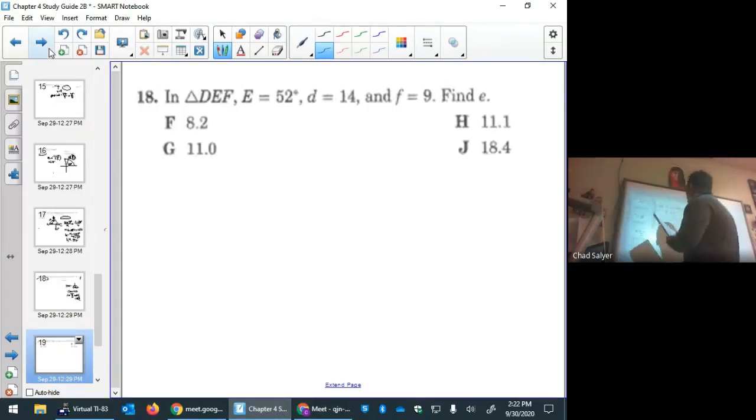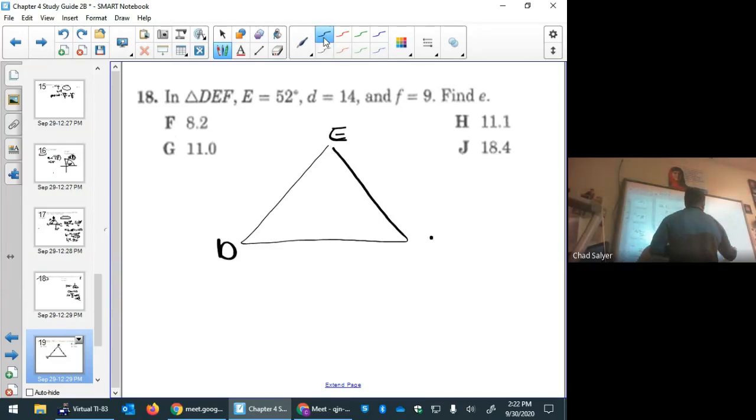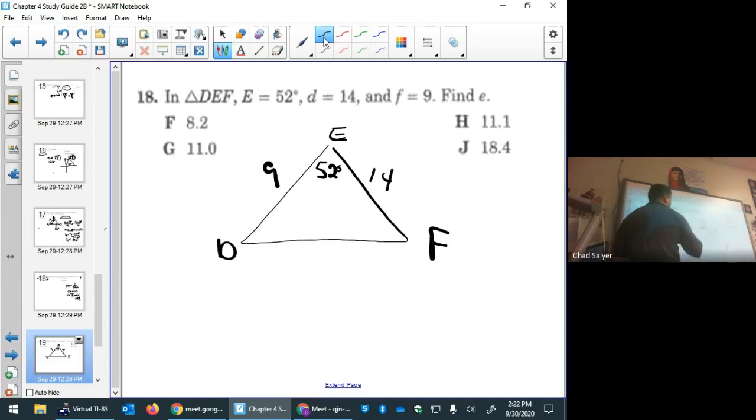18 is in triangle DEF. Again, not to scale. We've got E is 52 degrees, D is 14, and F is 9.